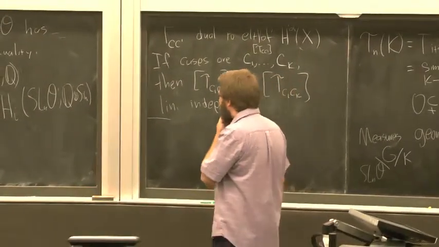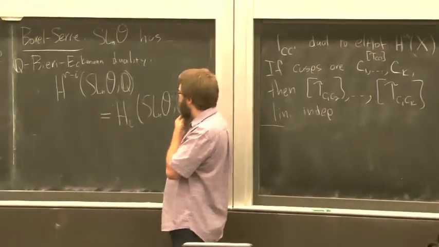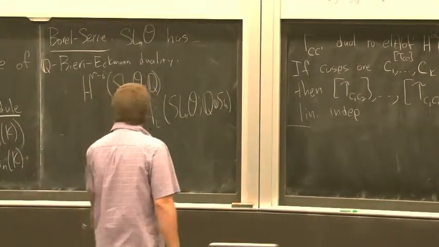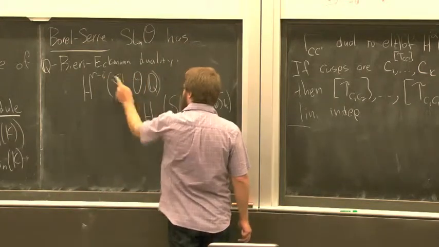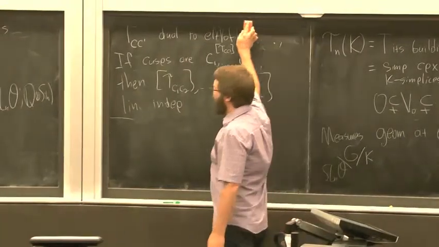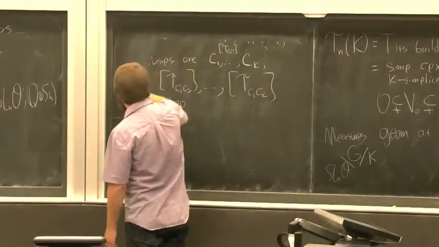Okay. So what this says is that if you want to understand what's going on in the top degree, you're looking at where i is equal to 0. And so we're looking at 0th homology of something. And so what does that look like?